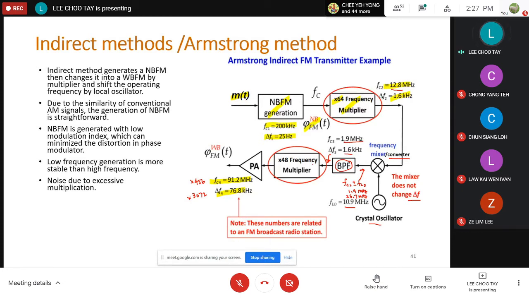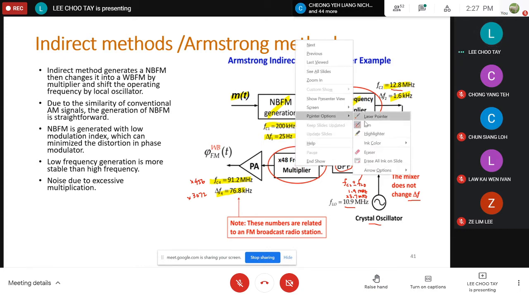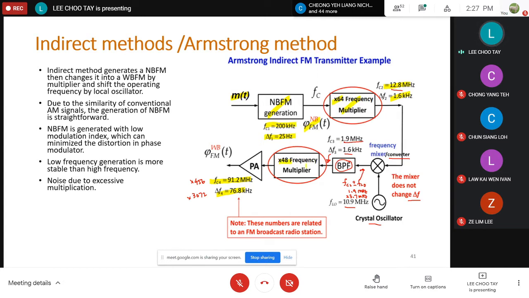Then we pass this signal through another frequency multiplier that multiplies the frequency and the deviation by 48 times. 1.9 multiplied by 48, you get 91.2. And 1.6 multiplied by 48, you get 76.8. So you get the exact frequency deviation required for the wideband FM, and also the carrier frequency of 91.2 megahertz for this wideband FM station.